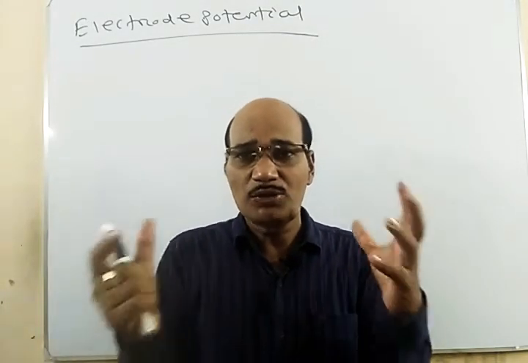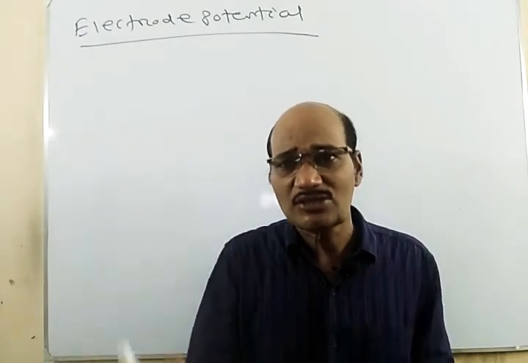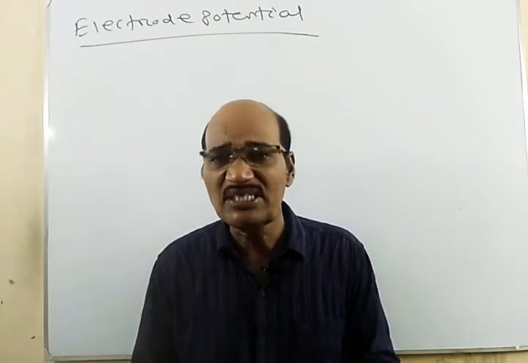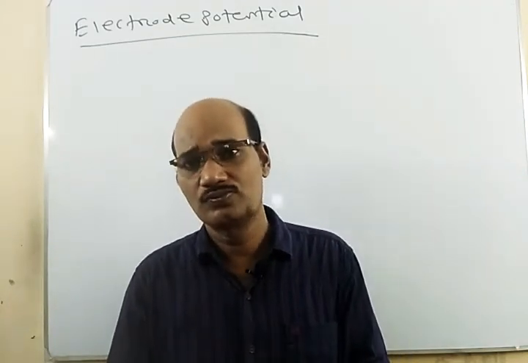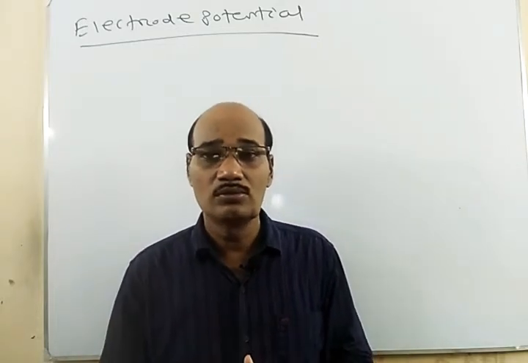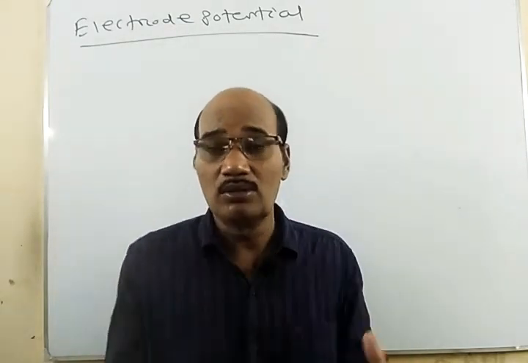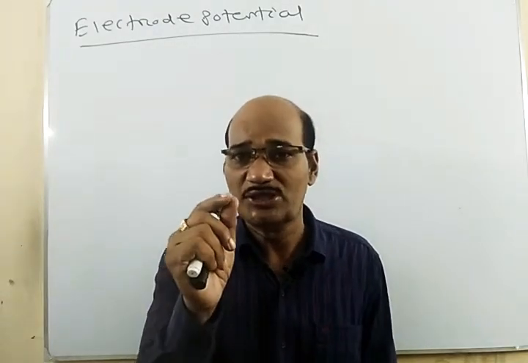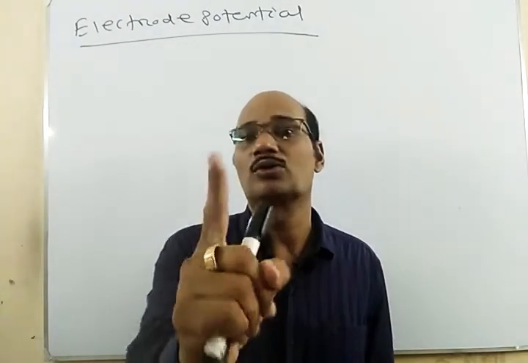Whatever potential we notice on the galvanometer will be the difference in potential of the two. So it is not possible to calculate the absolute value of the electrode potential of a particular electrode.